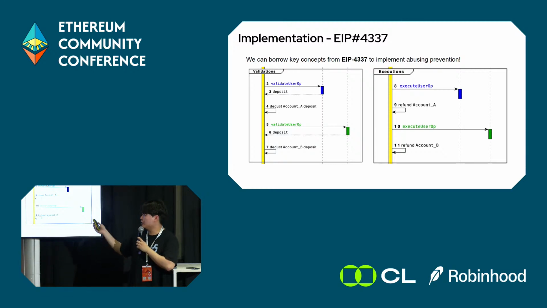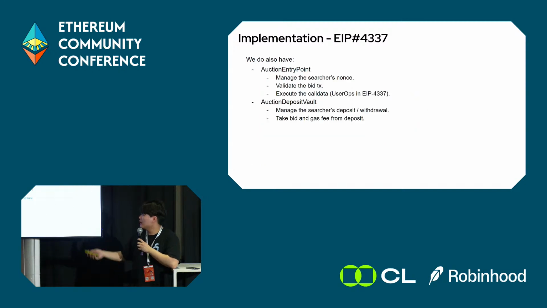And we do have a similar concept. We have the auction entry point, which manages the searcher's nonce to prevent replay, validates the bid transaction, and executes the searcher's transaction, like the user operation in EIP 4337.